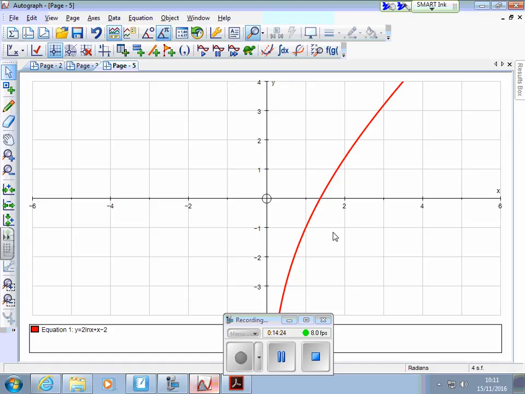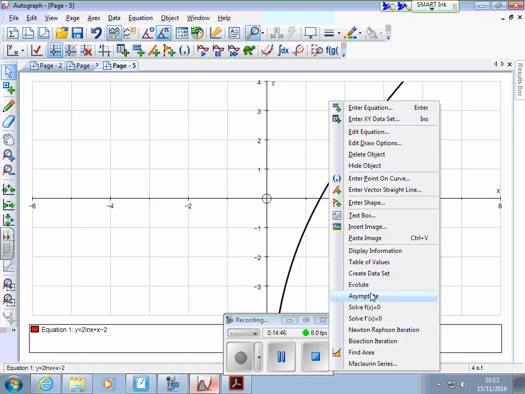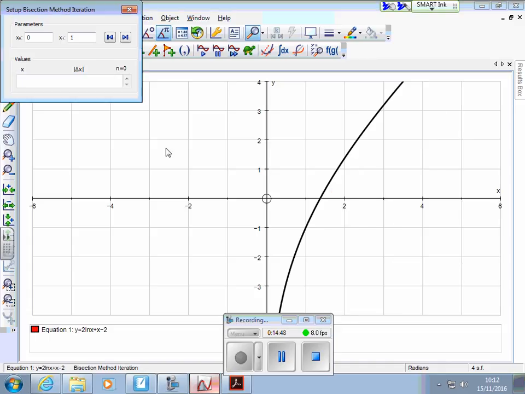You just keep doing that until you find a change of sign. Even Newton-Raphson's method requires you to have a first guess of where the root is. If I do the bisection method on that one, we know we've got something between 1 and 2.